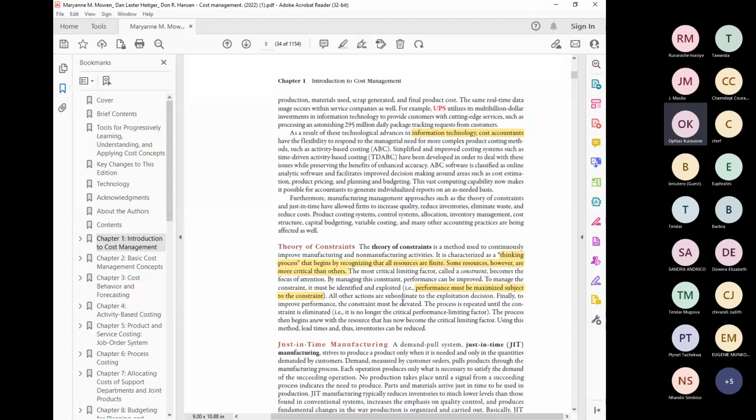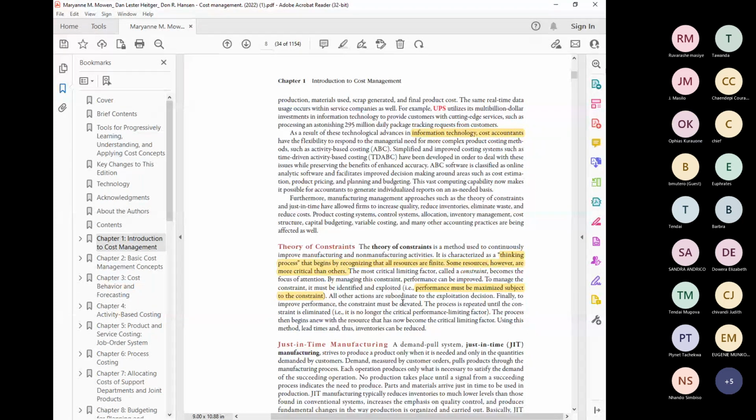To achieve that under the theory of constraints, if the raw material is a constraint, a limiting factor, then at the end of the day you should make sure the company has raw materials which can cover the target, without treating raw material as a limiting factor because of the improvement.